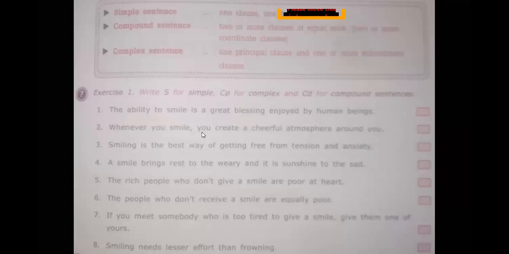So when we have more than one finite verb, that sentence becomes a compound sentence. Whenever you smile stands on its own, and the next one, you create a cheerful atmosphere around you, stands on its own too. So, children, this is a compound sentence, right? The next one you'll all do yourselves and then you'll get the answer key later.